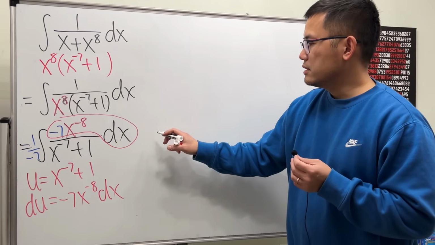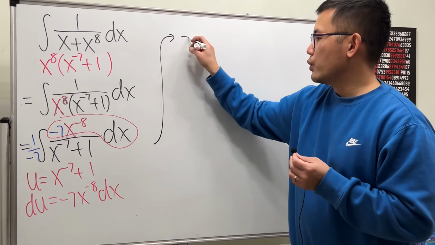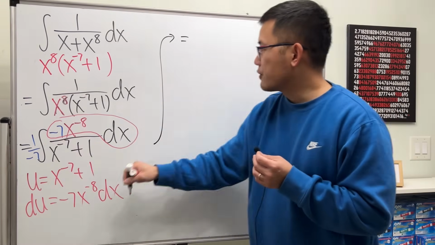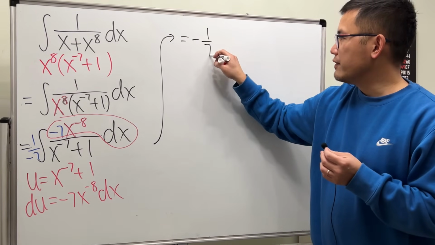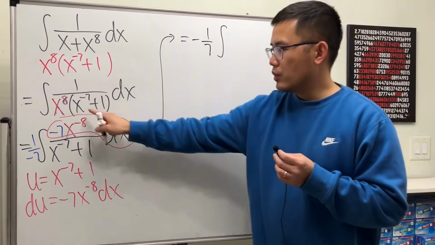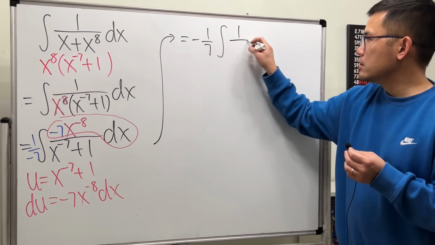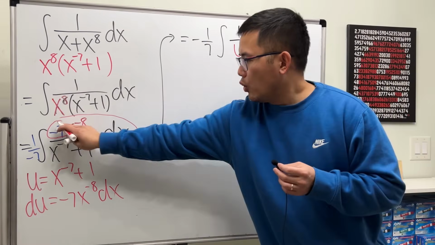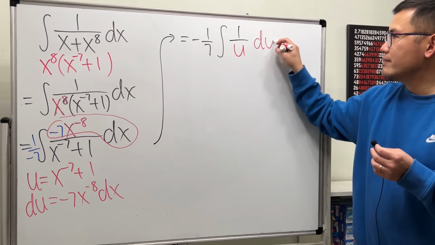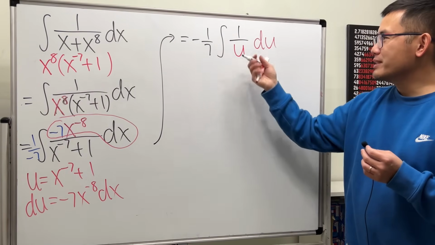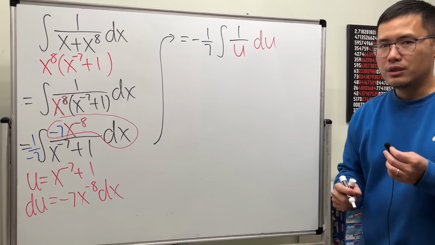So now take this integral to the u world. We get the constant in the front, negative 1 over 7, integral of 1 over the bottom, which is u, and all that is the du. Integrating 1 over u in the u world is just natural log.